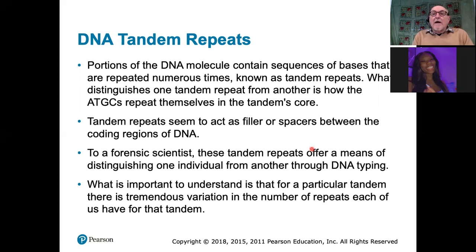What is going to become very important for us in talking about forensic science is that the replication of DNA begins with a little short stretch of RNA, another nucleic acid molecule, being laid down to match a few of the bases at the start of the place where the DNA has got to be doubled up.